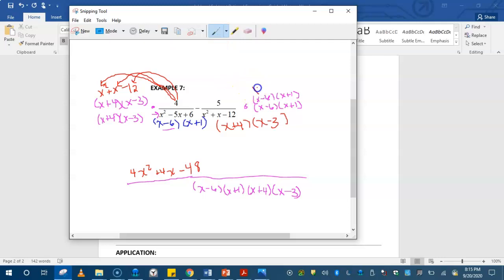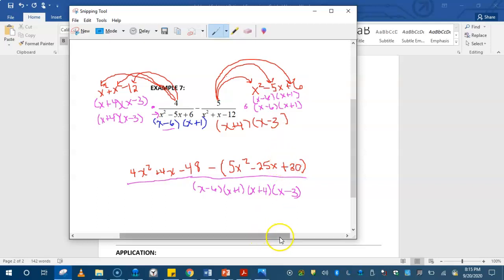I know this is going to be x squared minus 5x plus 6. It makes it so much easier to multiply that 5. Now, be careful, I'm bringing my minus sign down, but I'm including my parentheses. I would have a minus 5x squared, minus 25x, plus 30.